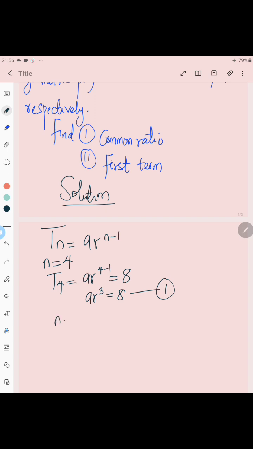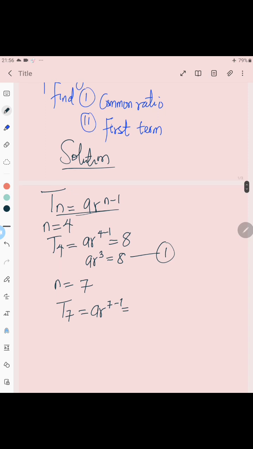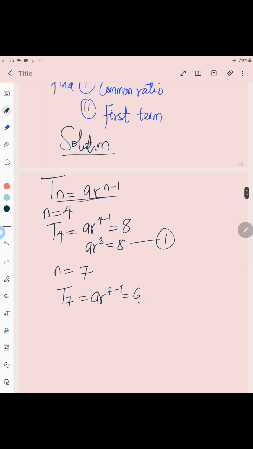Then we have n equals to 7 as the seventh term. So we have T7 substituted into the equation. This is T7 is equal to AR raised to the power of 7 minus 1, which is equal to the value given, which is 64 over 27. Okay, so that means we have AR raised to the power of 6 is equals to 64 over 27.